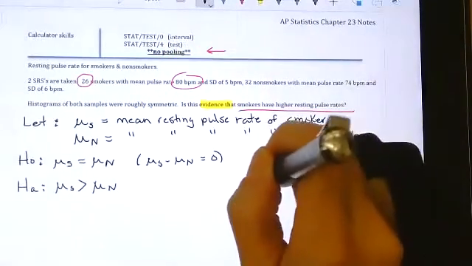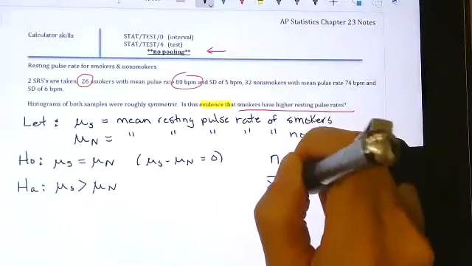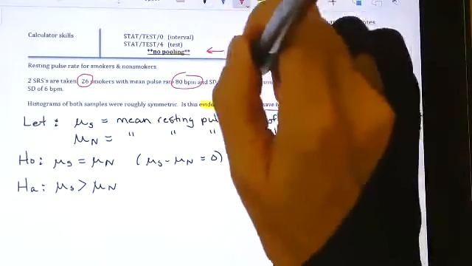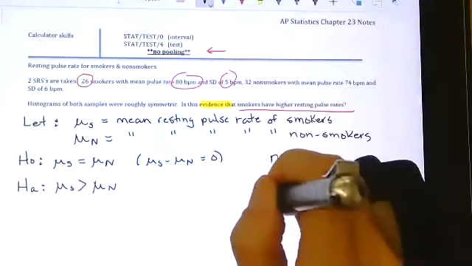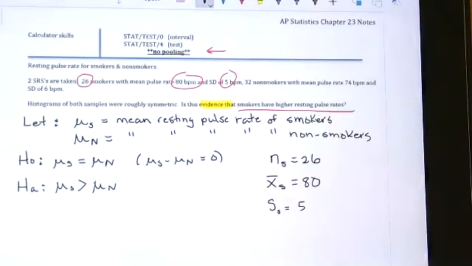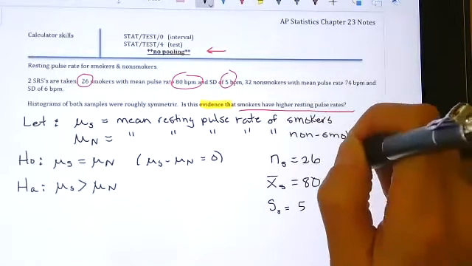So that is my X bar for smokers. And they had a standard deviation of 5. Now this is all from my sample. So my smokers, there were 26 of them in my sample. They had a mean of 80 beats per minute with a standard deviation of 5.